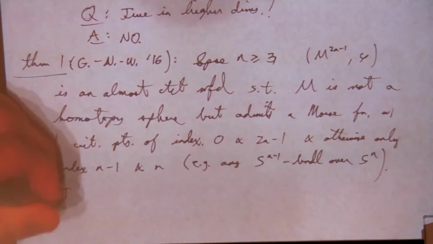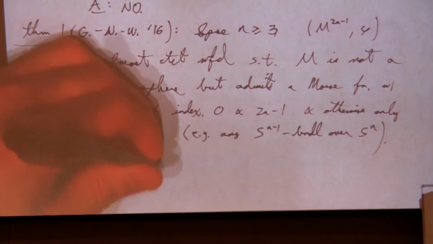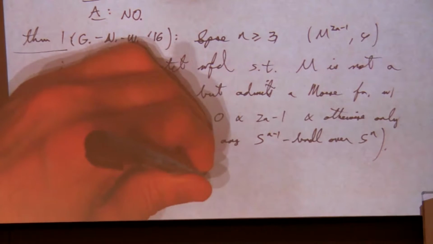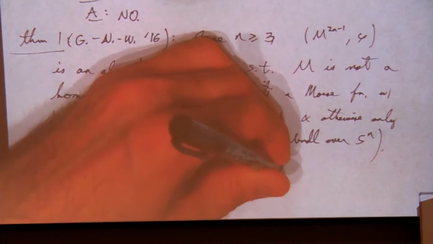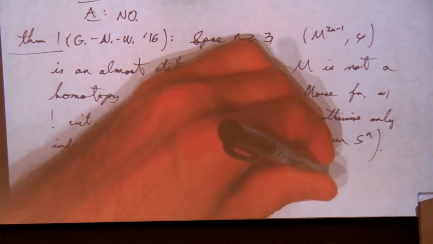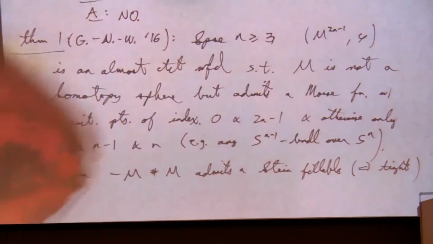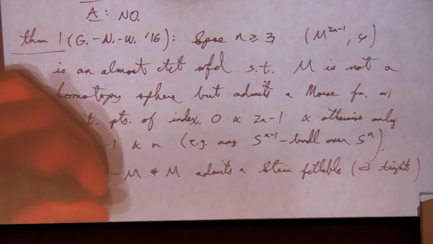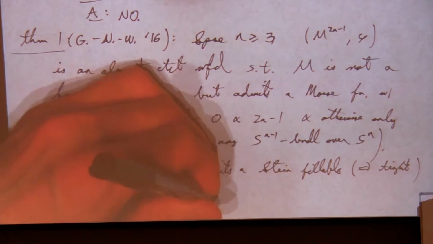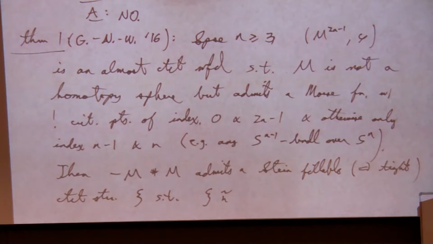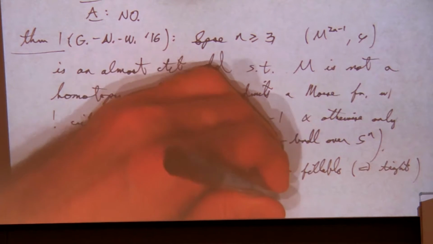The statement is then that the connected sum of M with reversed orientation with M itself admits a Stein fillable, which implies tight, contact structure psi, which is in the homotopy class of the connected sum of the two almost contact structures. I'll write that as phi bar connected sum phi.